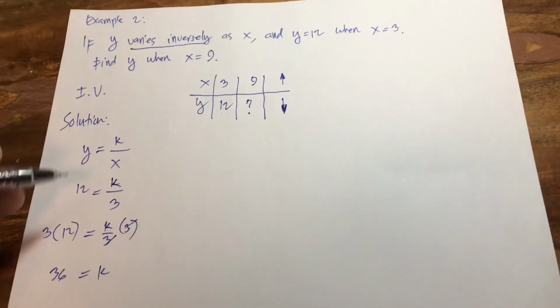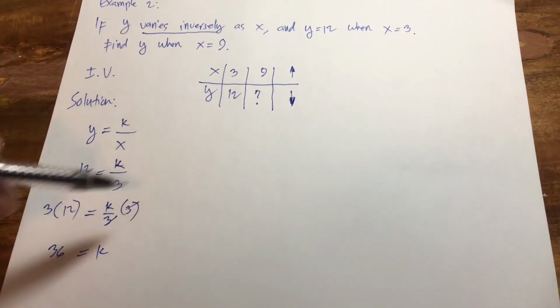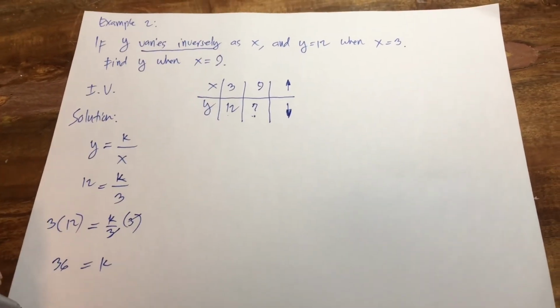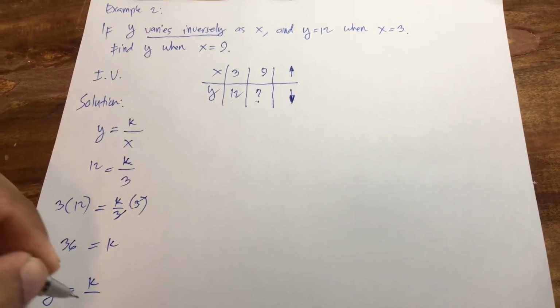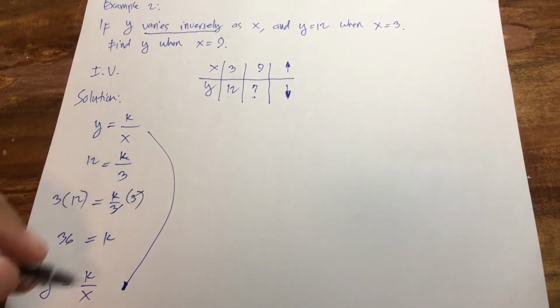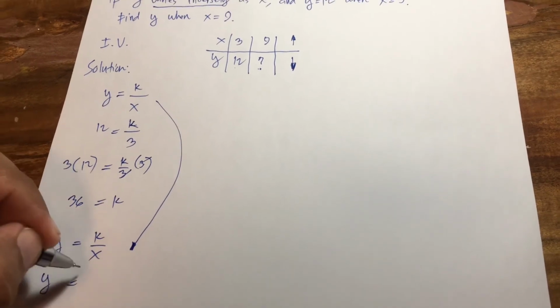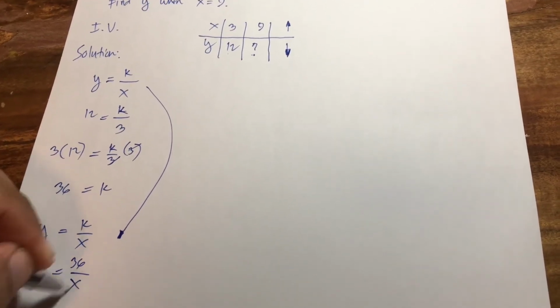After that, we can actually solve now the value of our y when x equals 9. So here y equals again k over x. Then since we have already the value of k, y equals 36 over x.